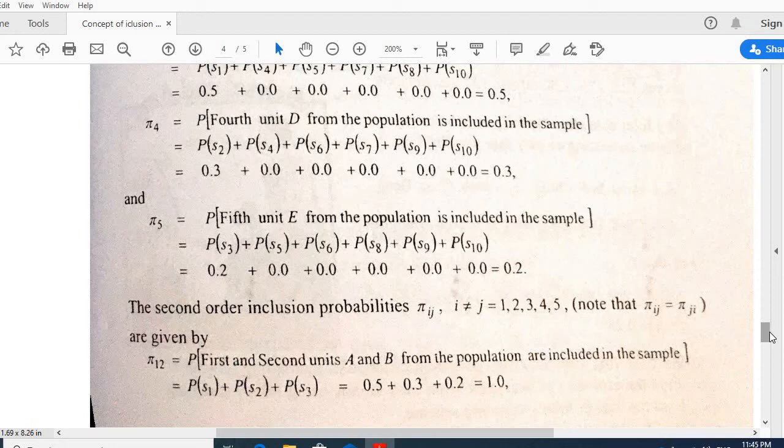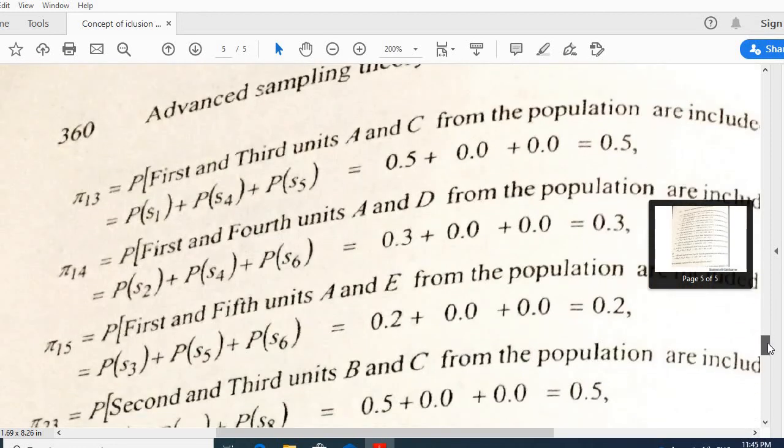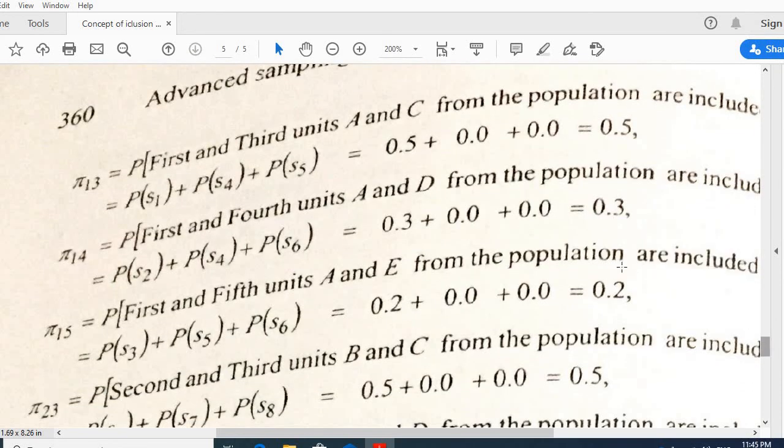The samples which have the first and second unit: there are 3 samples having the first and second unit, that is S1, S2, S3. Therefore P(S1) plus P(S2) plus P(S3) is equal to 0.5 plus 0.3 plus 0.2, which is equal to 1. Similarly, we can find pi 1,3.